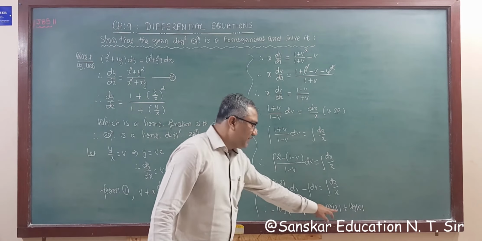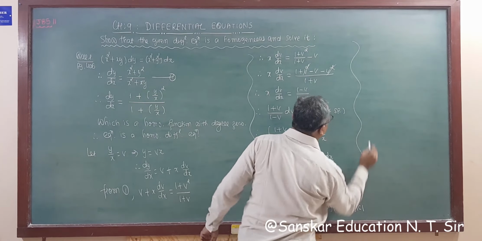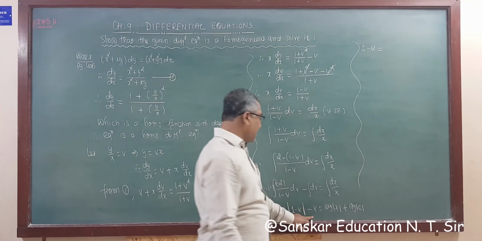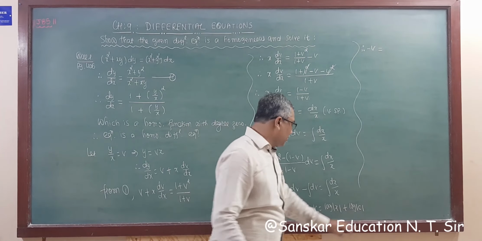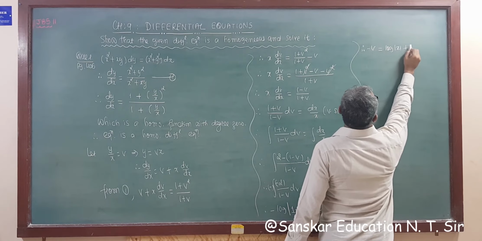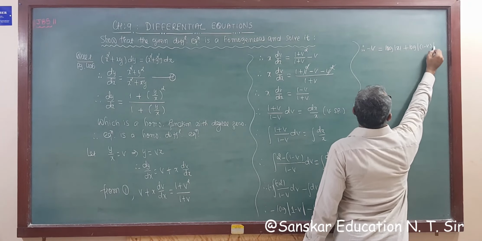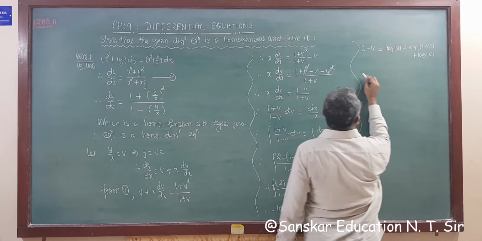Taking log to this side, minus becomes plus. So what we get? Minus v is equal to log x plus log 1 minus v plus log c. So we get log mod x plus log mod 1 minus v, I am putting bracket, and plus log mod c, right?